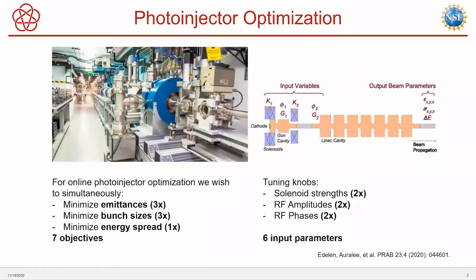And so we would like to find a solution with our six different tuning parameters that will simultaneously balance each objective against each other in order to find an overall ideal set point.